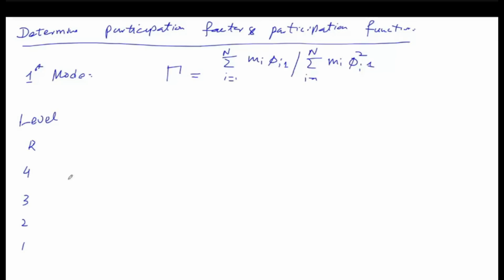So this should be the first column of the table. The second column should include the weights or the masses at every floor. We also mention the unit, so this is in kips. As we know, on the roof the seismic weight is 2505, and on the rest of the floors it is 3132.